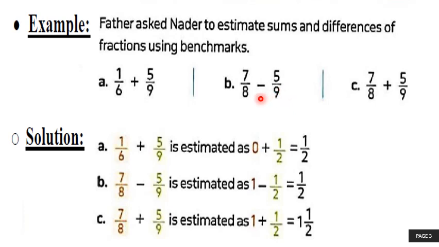So the answer is 1 minus half equals half. 7/8 plus 5/9. I want to make an estimation for these two numbers. 7/8 this is close to 1. And 5/9 here is close to half. So 1 plus half equals 1.5.